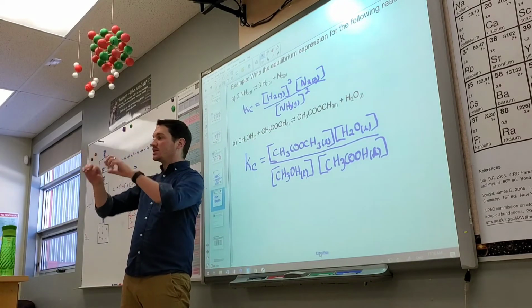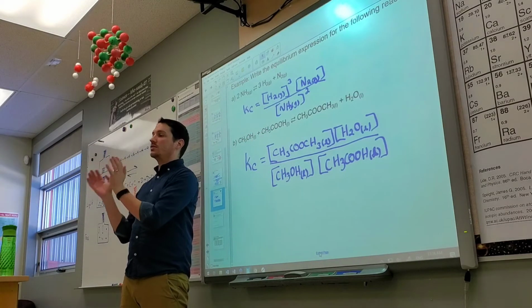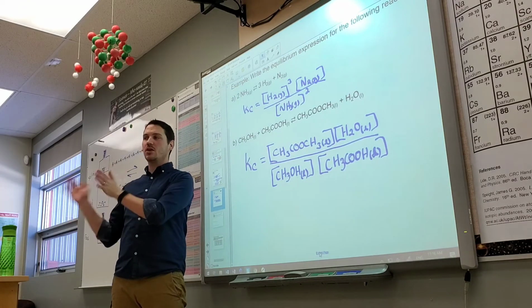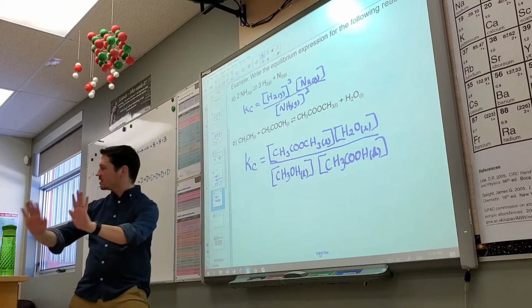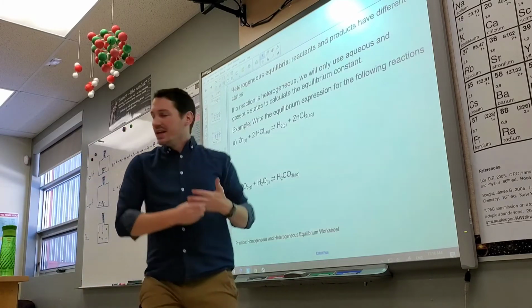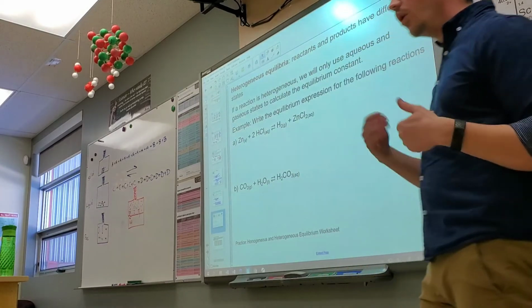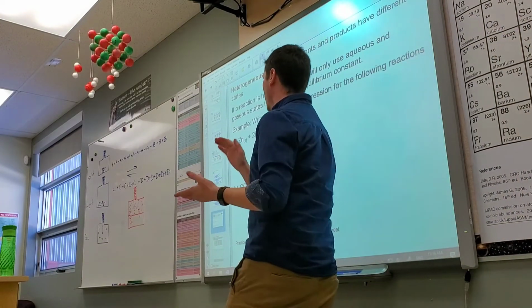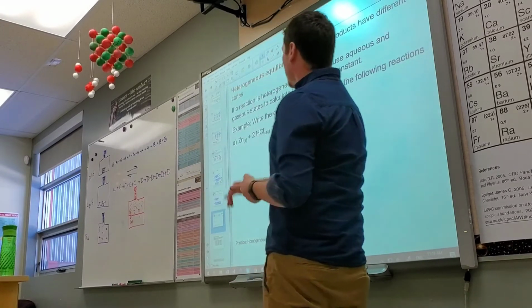If you pour two liquids together, they mix together and their concentrations change based on how much of one liquid there is. Okay, that's complicated, and if you didn't understand that, that's totally fine. The moral of the story is, if you have a heterogeneous reaction, you only use aqueous and gaseous entities in your equilibrium constant.